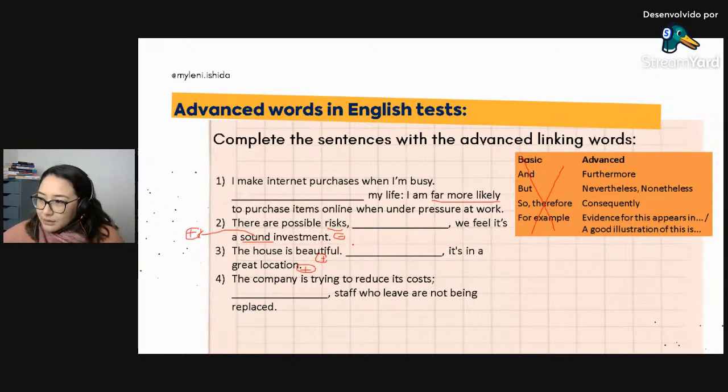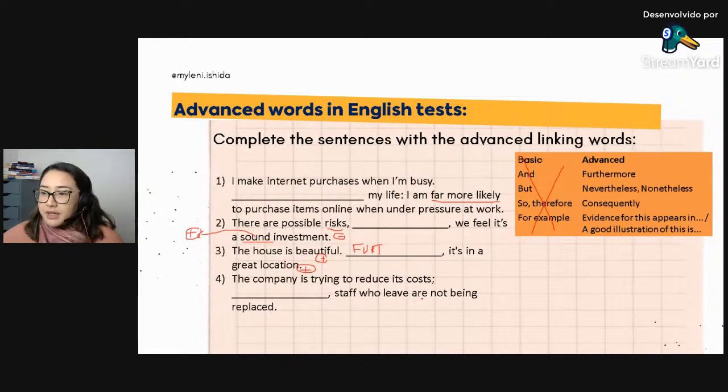Okay, I can't write, so I'm going to put here F, furthermore. Okay, you know I have a problem with my pen. Furthermore, right? The company is trying to reduce its costs.